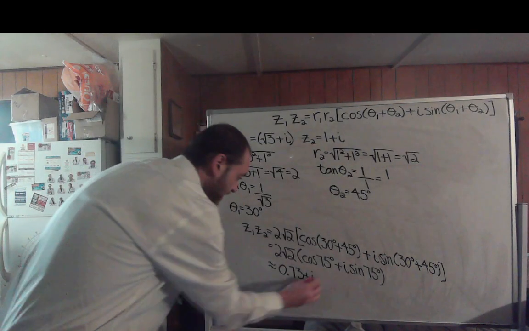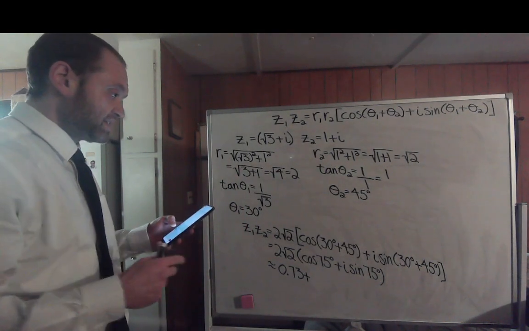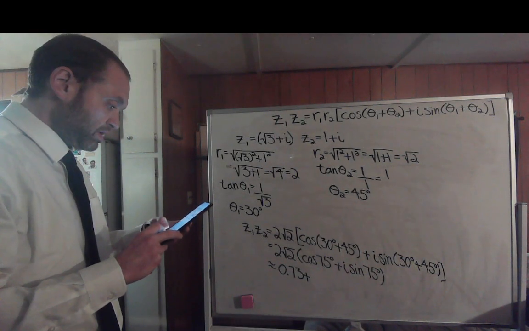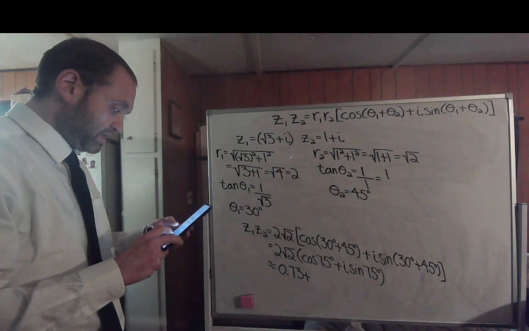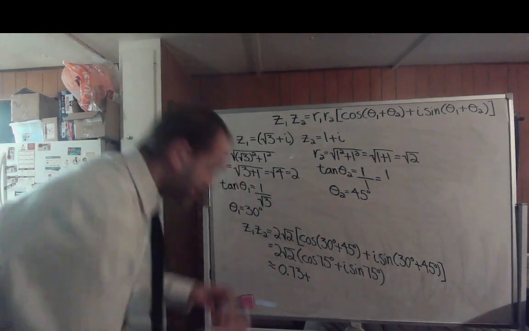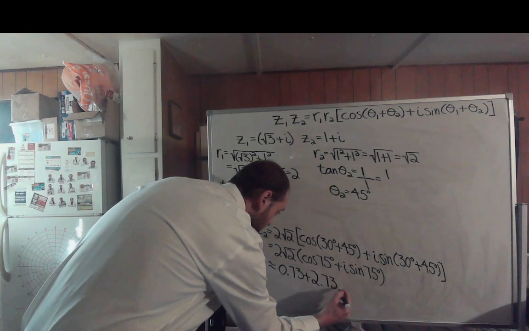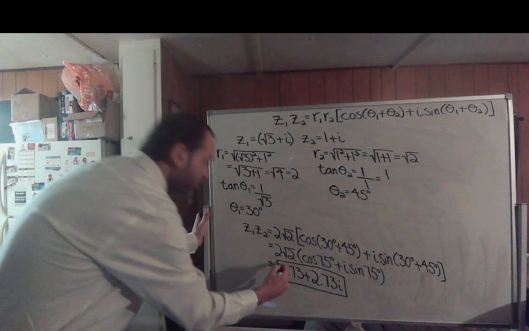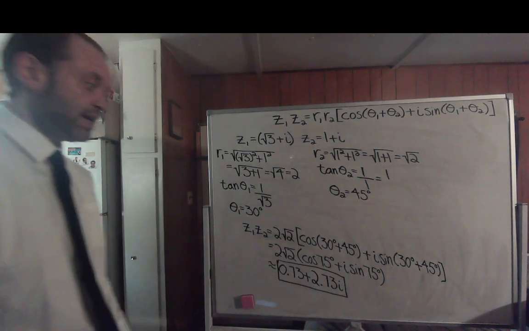Actually, we'll make the i last since we're going to be converting that sine of 75 times 2 times the square root of 2 into a number. Alright, so we'll take that times the square root of 2 times 2. You get about 2.73i. So this complex number rounds to approximately 0.73 plus 2.73i.